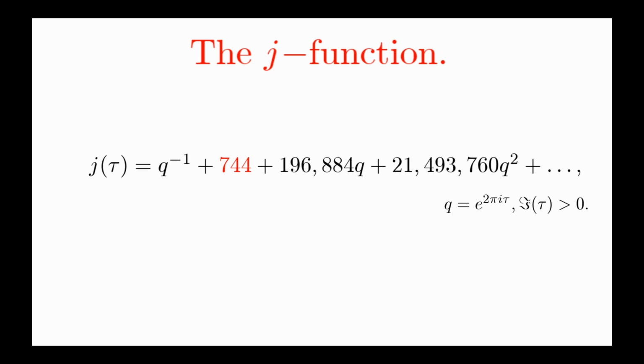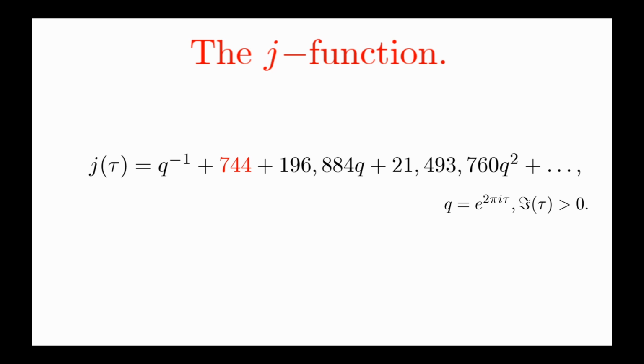It turns out that every coefficient of the j function encloses some really deep information, but we are not going in that direction in this presentation. We will be focusing mostly on the 744 to explain the observations which we made earlier about almost integers.